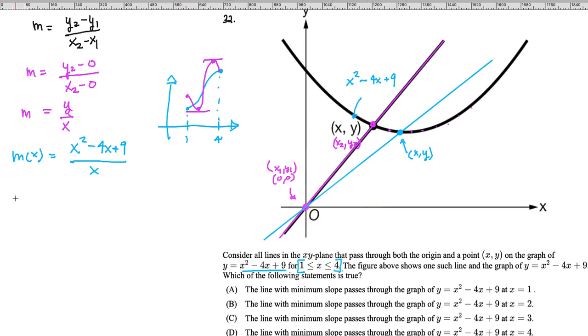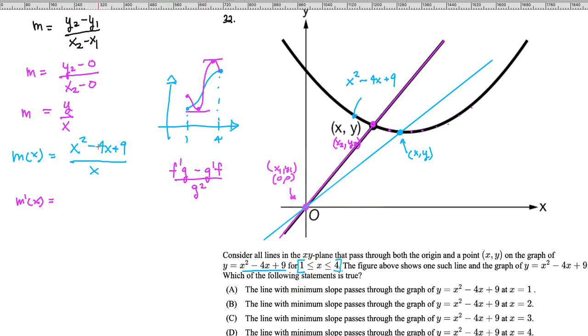So in order to do that, I differentiate m prime of x. Let's get started with doing this. The derivative of the top is, so I'm just going to write quotient rule just to be safe, minus g prime times f over g squared.